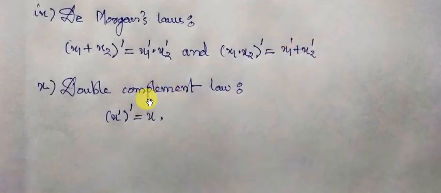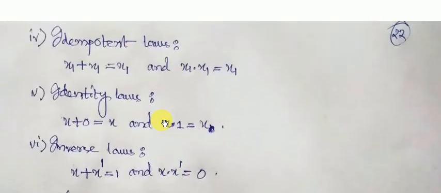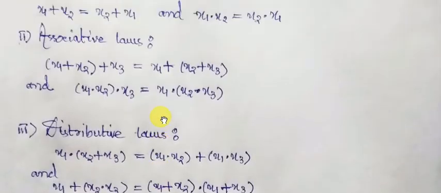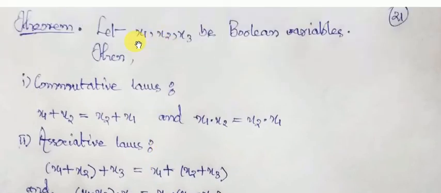The double complement law: (x complement) whole complement is equal to x. We have learned all these laws for any three Boolean variables in a two element Boolean algebra B.